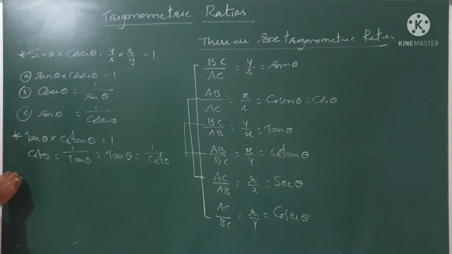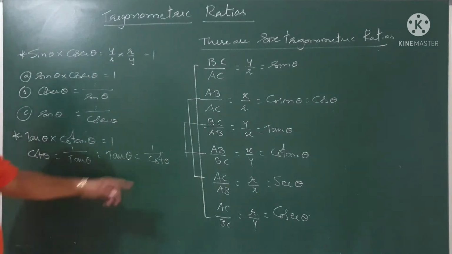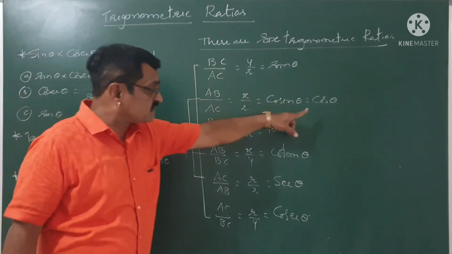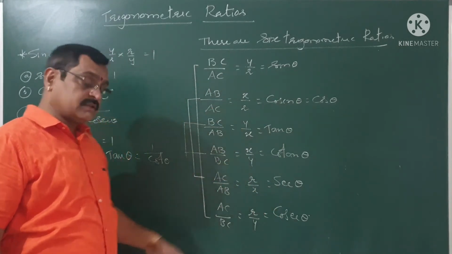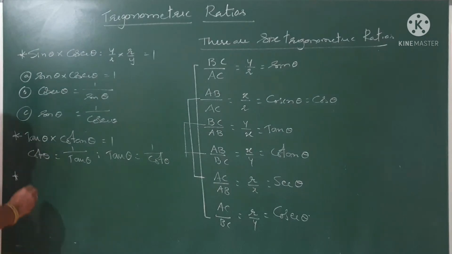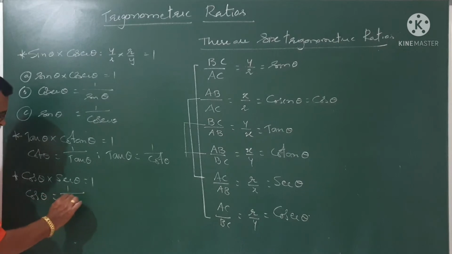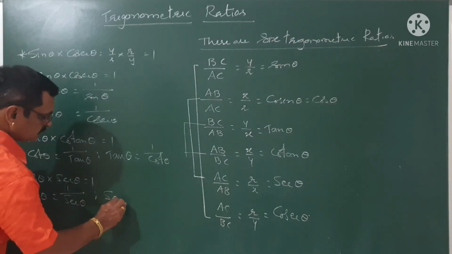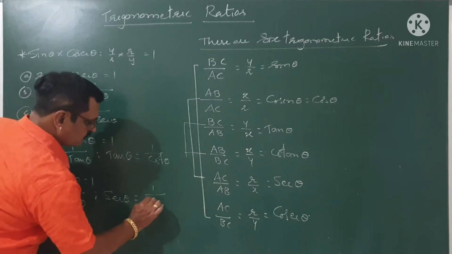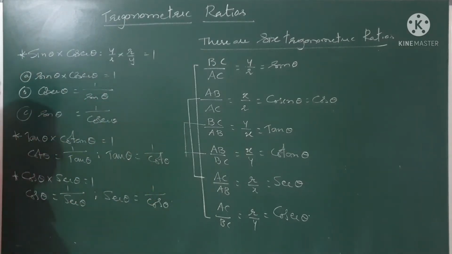And the next, third one, cos theta into secant theta, both are reciprocals of each other, therefore their product is also equal to 1. Therefore we have cos theta times secant theta is equal to 1, or cos theta is equal to 1 over secant theta, or secant theta is equal to 1 over cos theta.